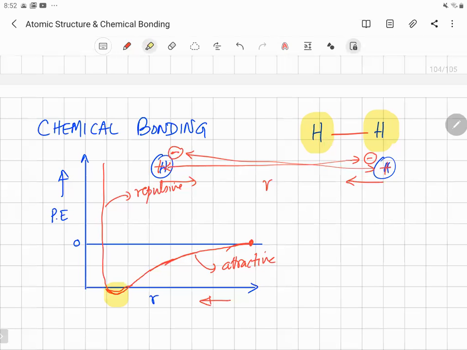If we try to bring the two hydrogen atoms even closer, the nuclear repulsive force and the electron repulsive force start dominating. Understood? When repulsive force dominates, potential energy starts increasing. So that says we cannot bring these two hydrogen atoms closer than this minimum.